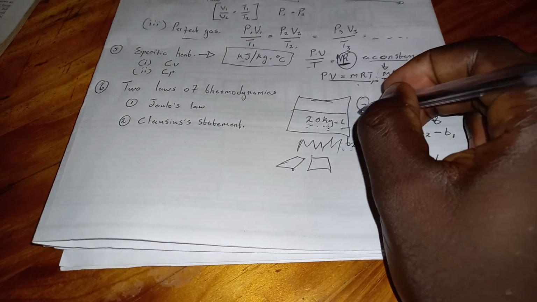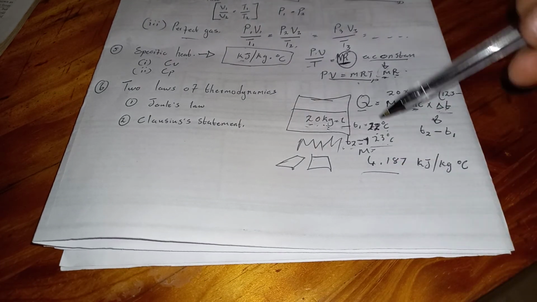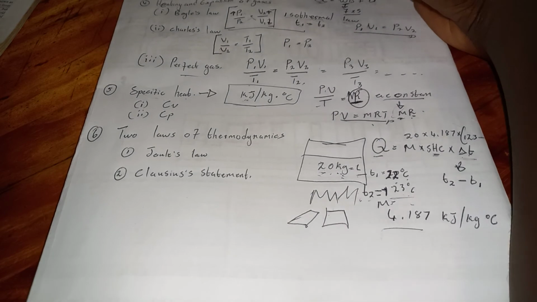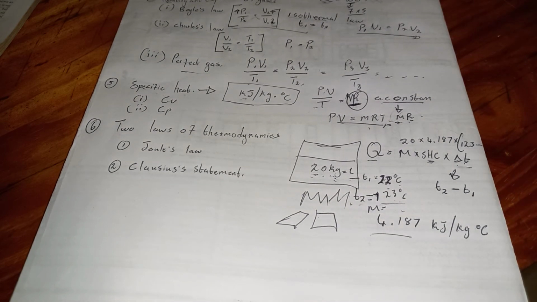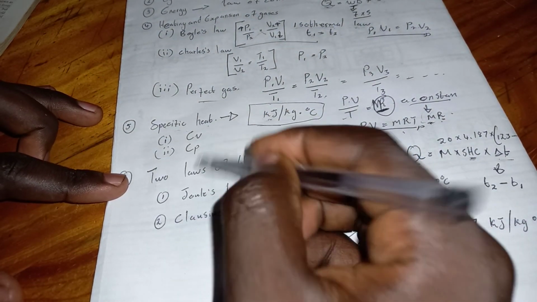Then it gives you the heat energy. This is what we're supposed to be talking about when discussing heat energy at first. Okay, but then we have two types of heat capacity.